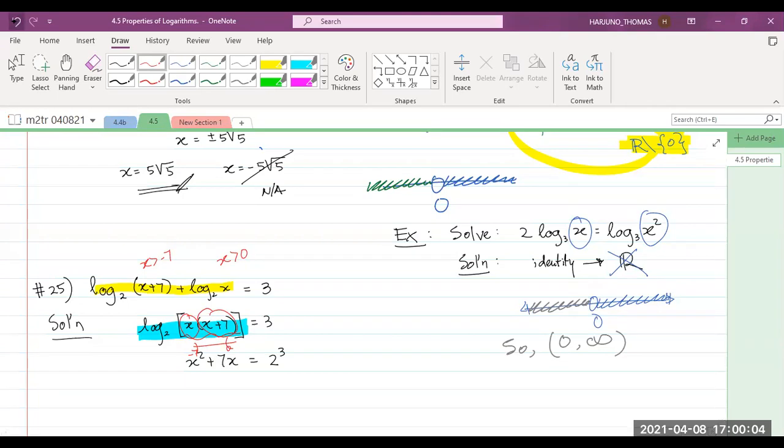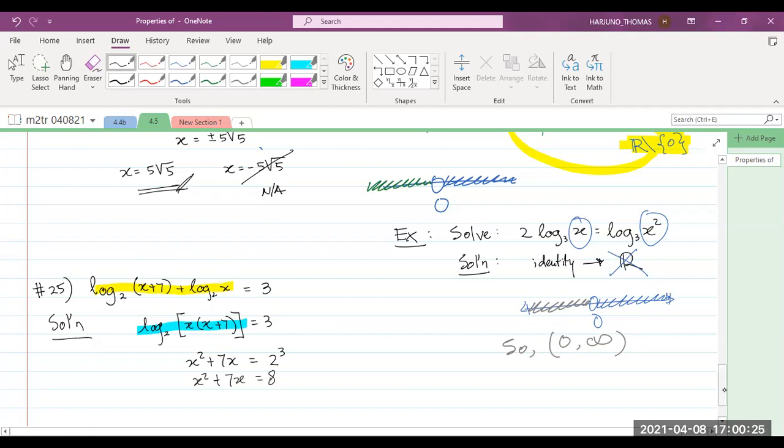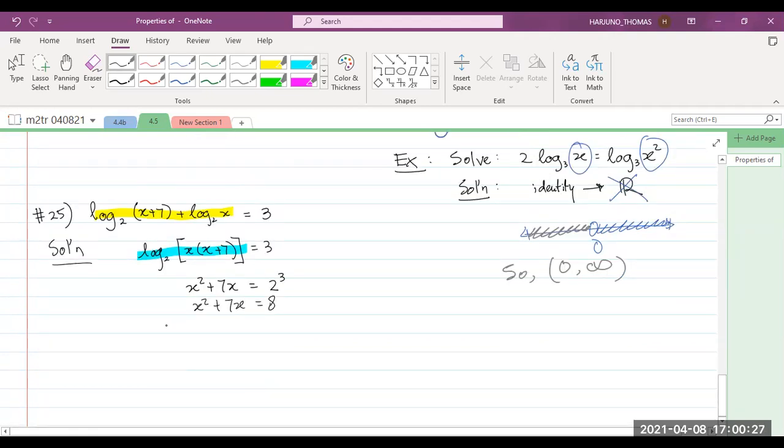Okay, so again, take a look from the yellow color to the blue color. Even though, according to our properties, they are the same, in between we actually enlarge the domain. Now we will solve this as usual first, and once we are done, we will check against the domain of the original equation.